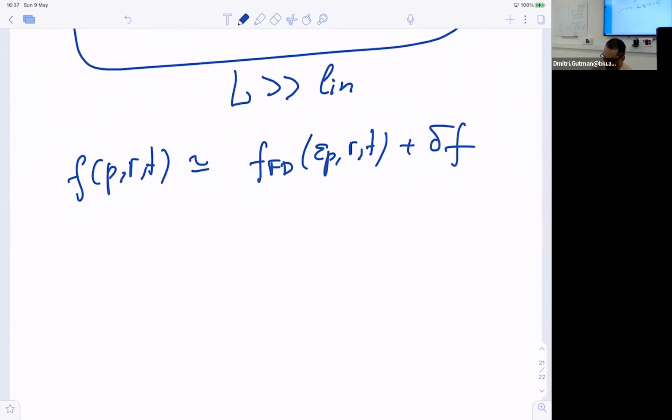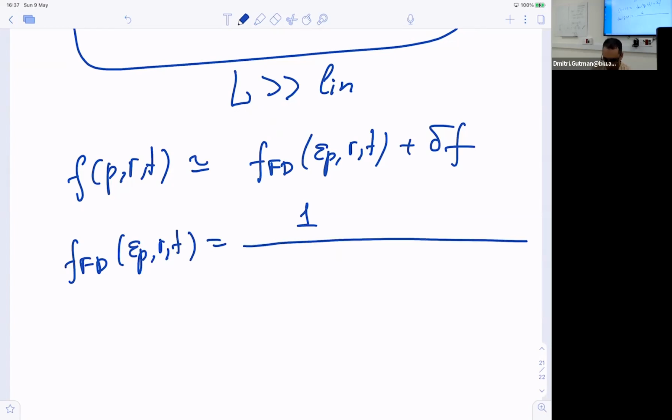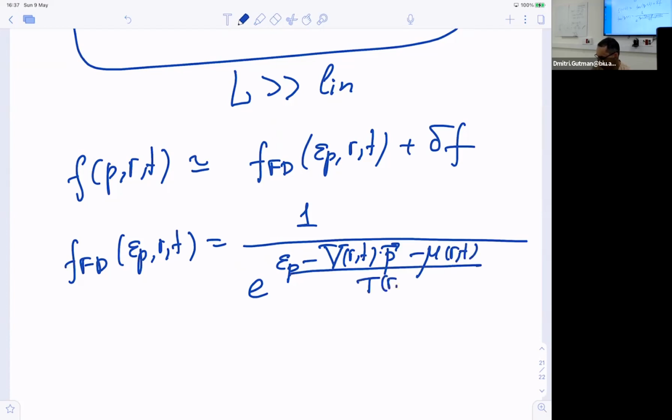And as we discussed, the equilibrium solution still allows for three low energy modes: boost velocity, chemical potential, and temperature.